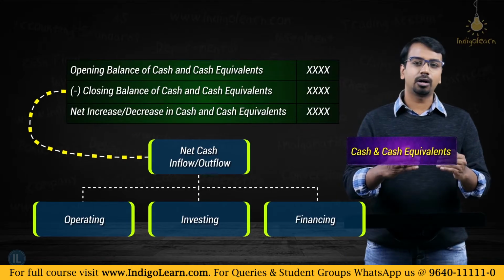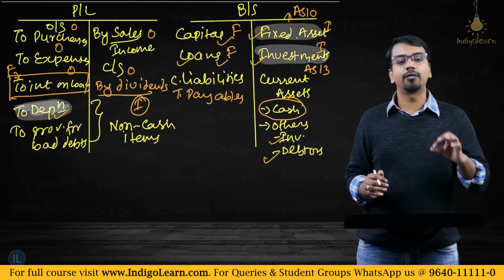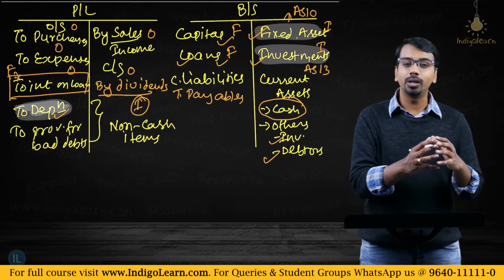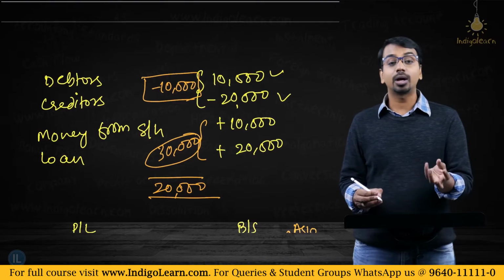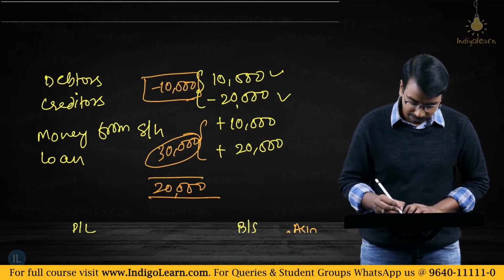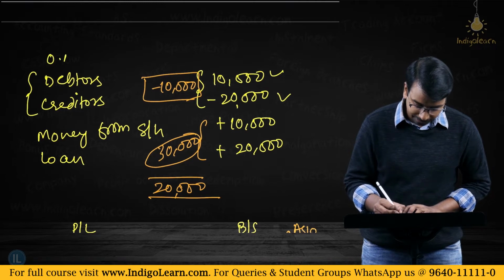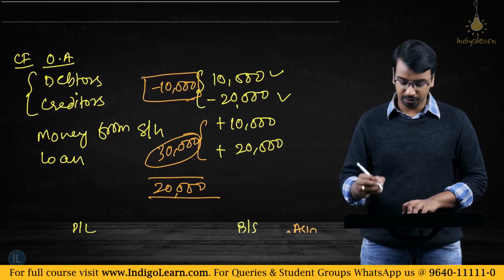Now if you go back to our original business, when you had started a business, the first case where you had made a profit of 10,000, let us see how this cash flow statement will look. In this case, the money that you collected from debtors and the money you paid to the creditors will be classified as operating activities, and you will say these are cash flow from operating activity. What is the amount?